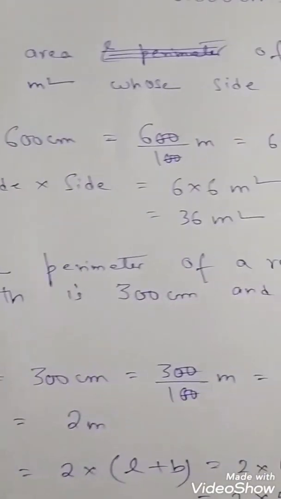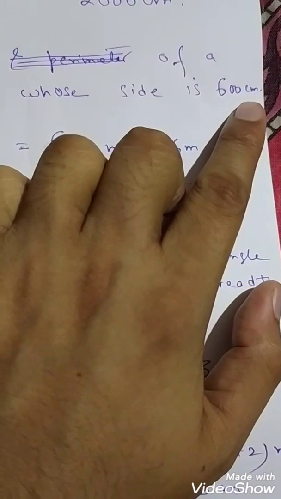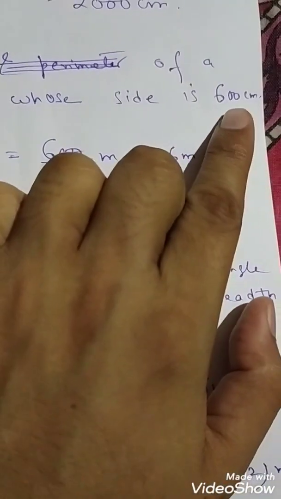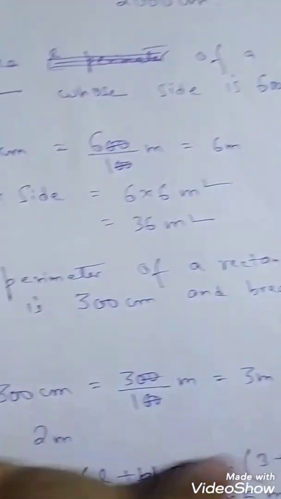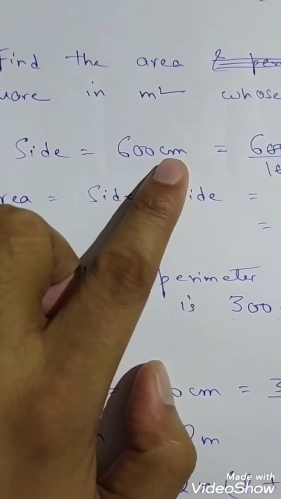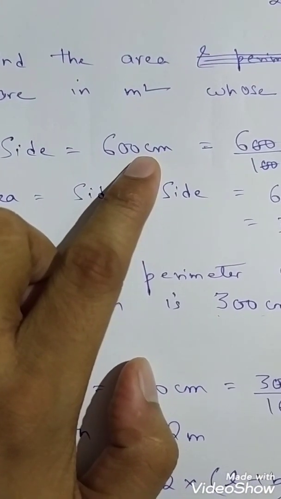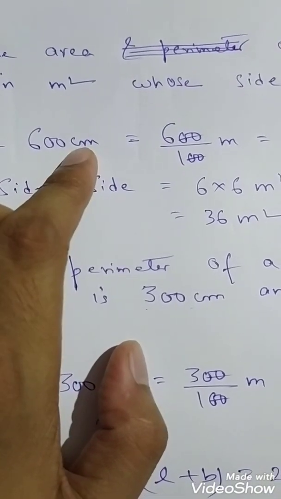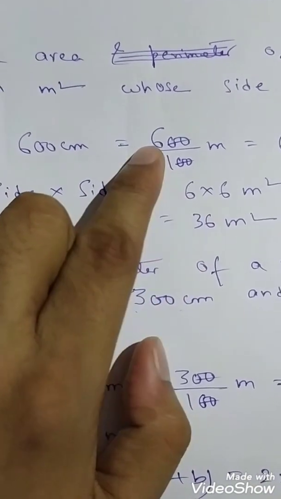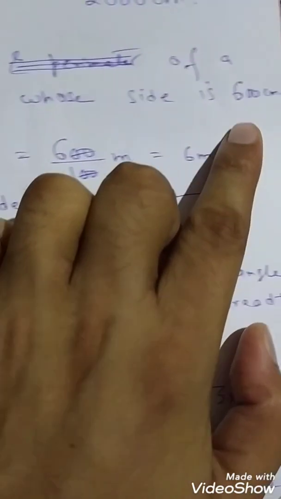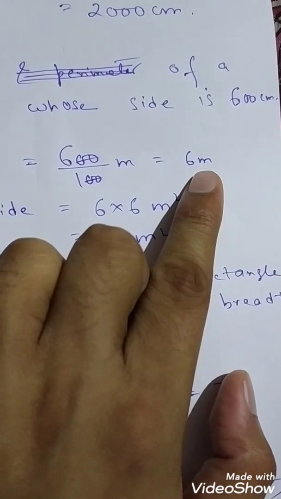The side is given as 600 centimeter, so first you have to change the side into meter. From centimeter to meter, you divide by 100. So 600 by 100 means 6 meter. That means 600 cm is 6 meter.